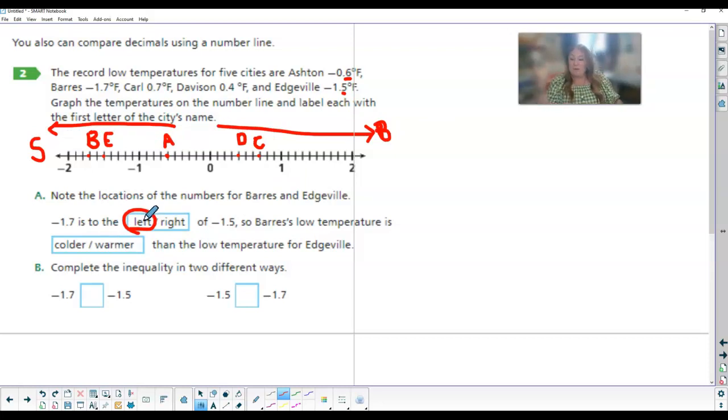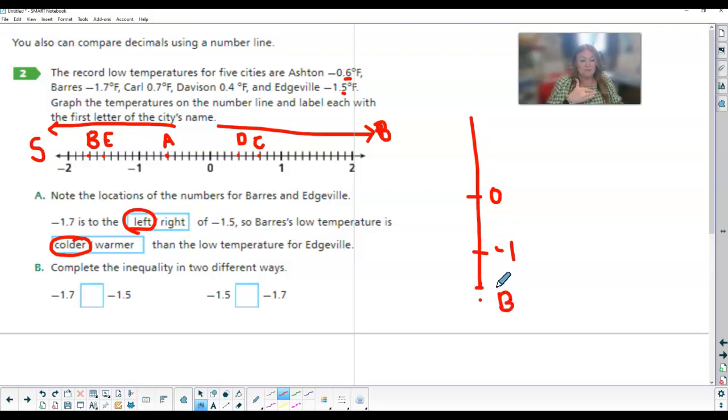So if it's more to the left, that means it is colder. So if I put it on a thermometer going up and down, if here's 0, right, and here's negative 1, Bars is going to be down here, and Edgeville might be here. So they're the lowest. So this is the coldest. And they're getting hotter on the thermometer as they go up.